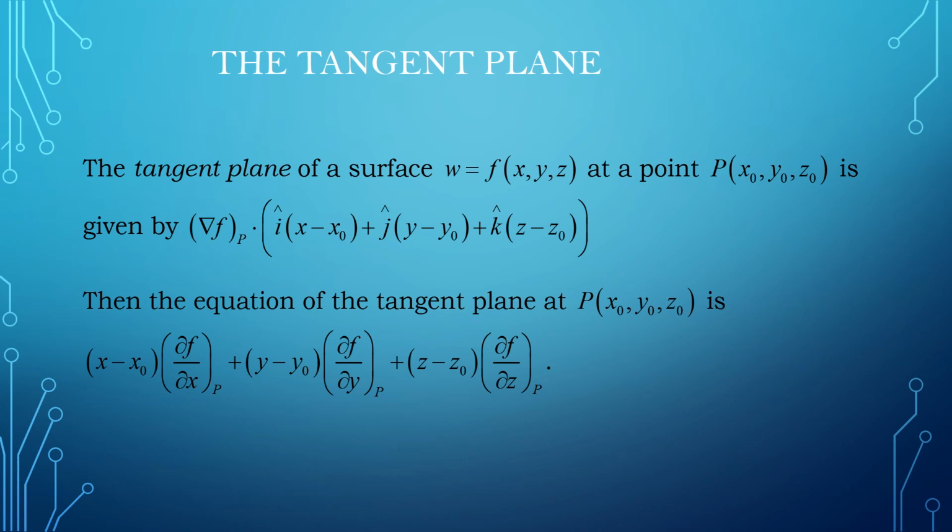The dot product between these two vectors gives us the equation of the tangent plane: (x minus x0) times dou f by dou x plus (y minus y0) times dou f by dou y plus (z minus z0) times dou f by dou z. This equation represents the tangent plane of the given scalar field at the given point P (x0, y0, z0).